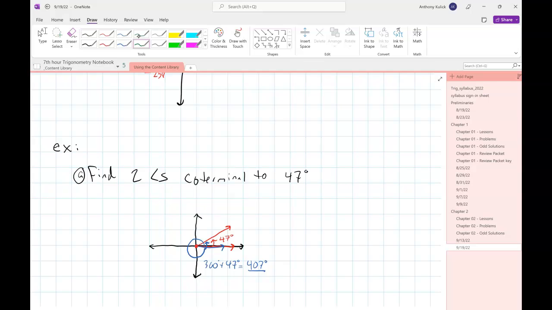Is that okay with everybody? Okay. So there's a coterminal angle. What else could I have done? Well, I did one rotation before I went to 47. Couldn't I have just done two rotations?